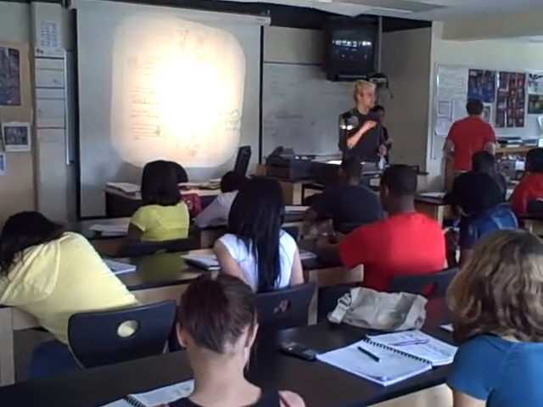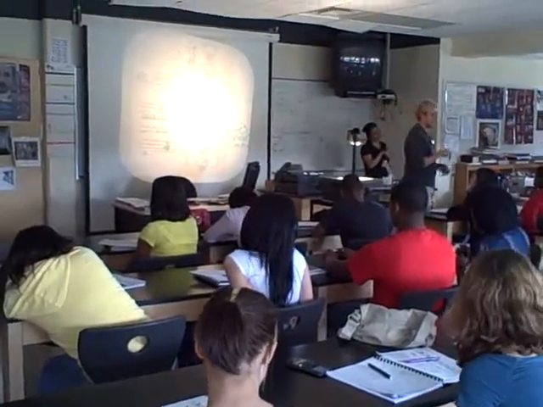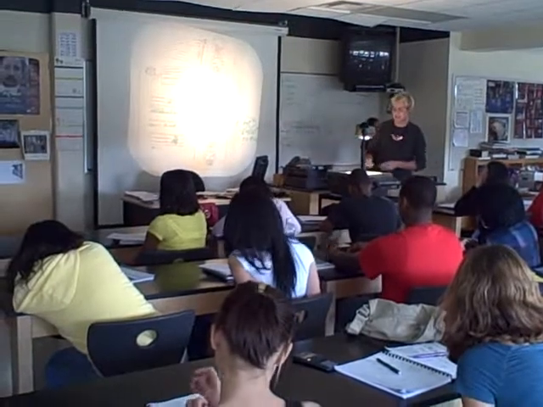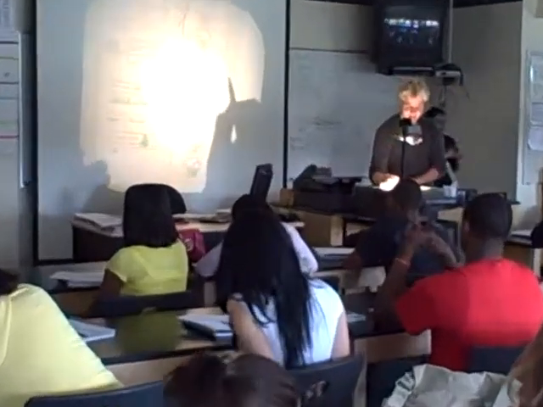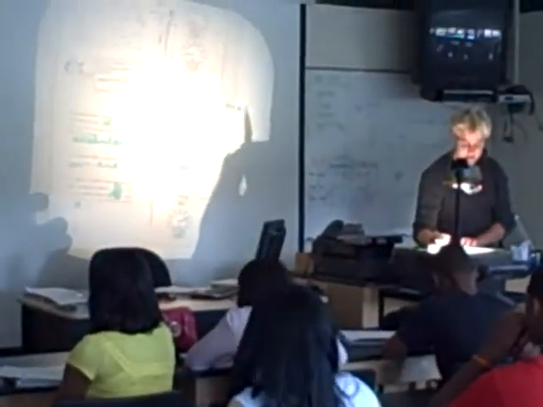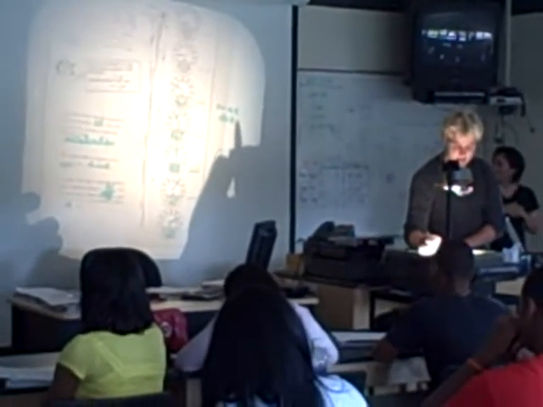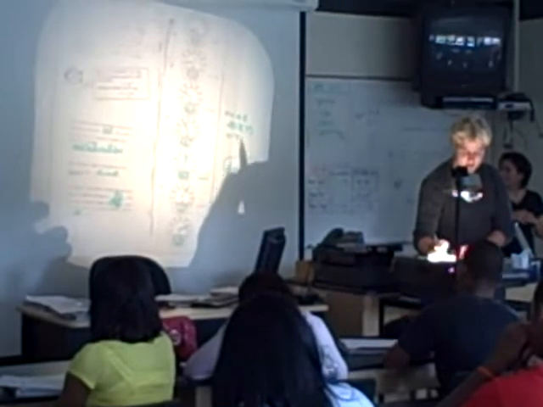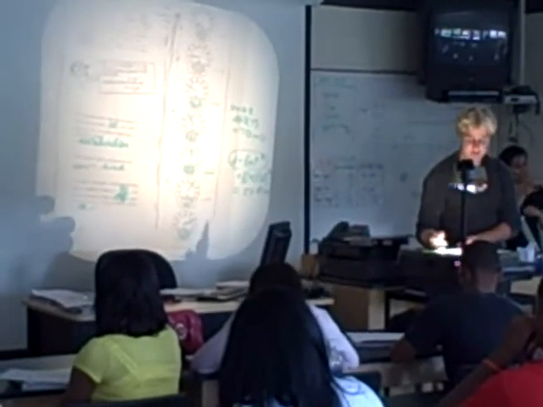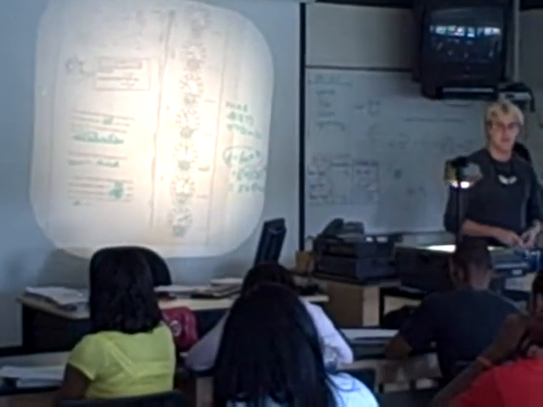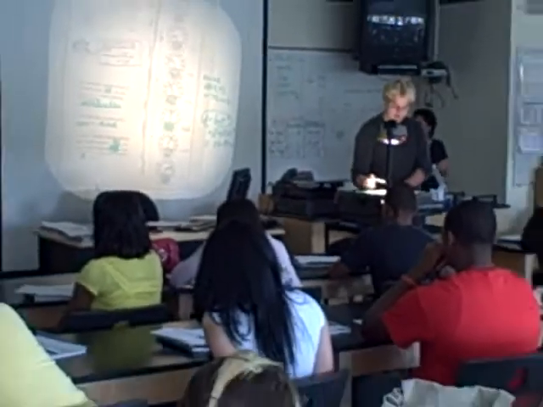Acceleration is 10 meters per second per second, and our time is 7 seconds. So I have V equals AT, that equals 10 times 7. So my velocity is 70 meters per second.